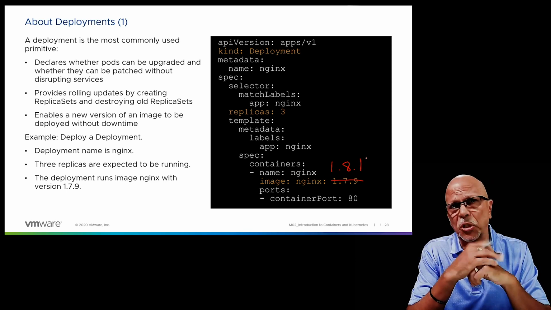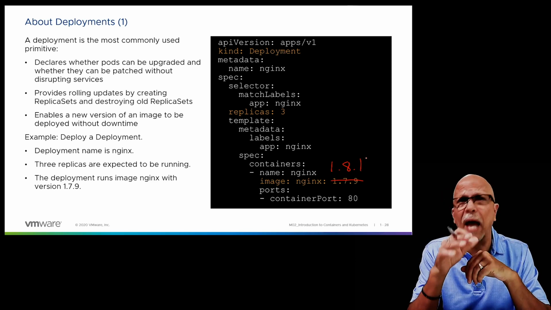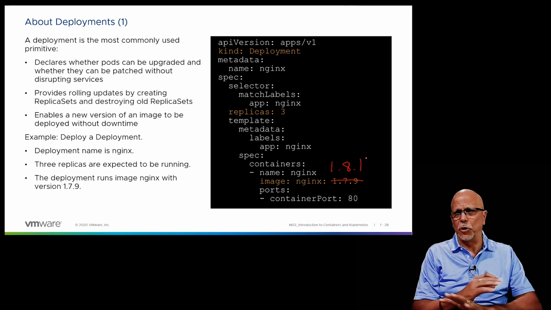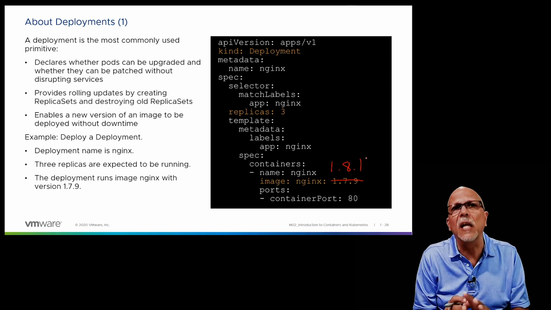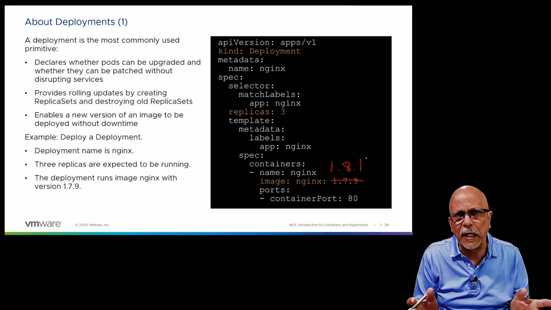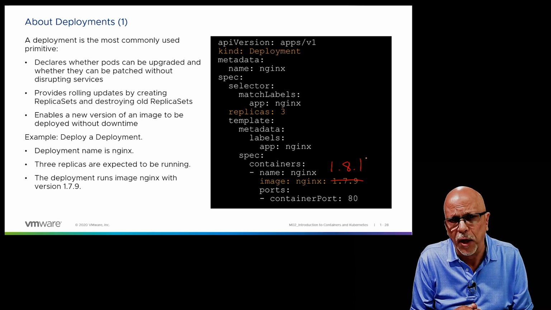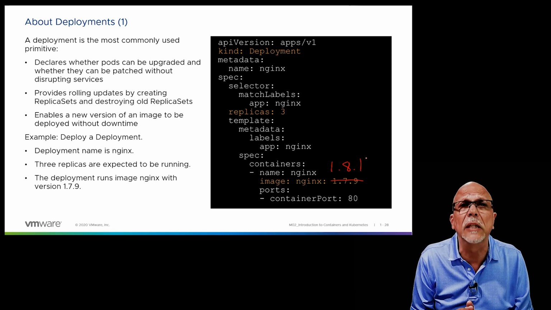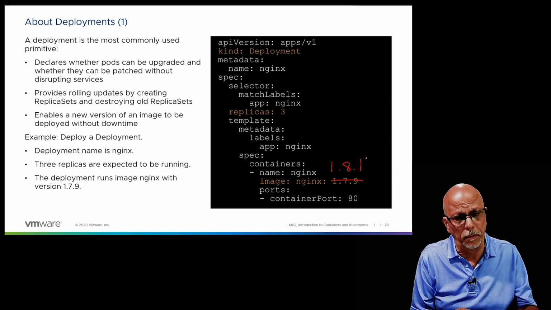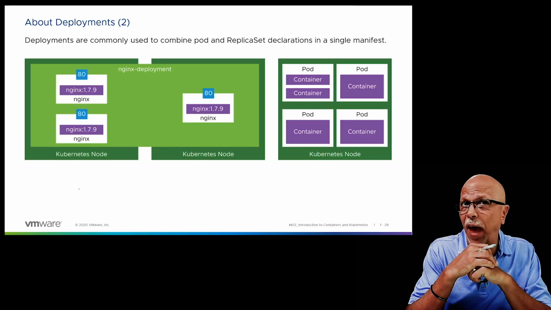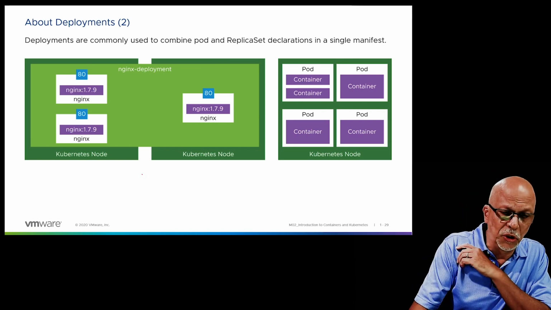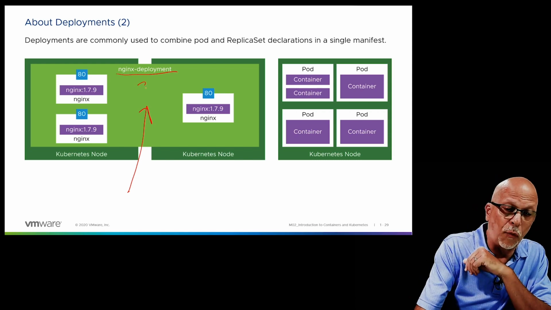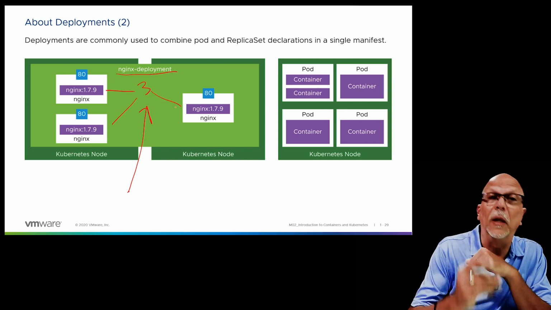Now, I need to reemphasize that you need to get some core understanding of Kubernetes. This is meant to be just a very rudimentary introduction to Kubernetes and its respective primitives. There are many, many more that we're not covering that you are going to need to have a basic understanding about. So that manifest file would have resulted in this deployment, which gave me 3 of these sitting out here.